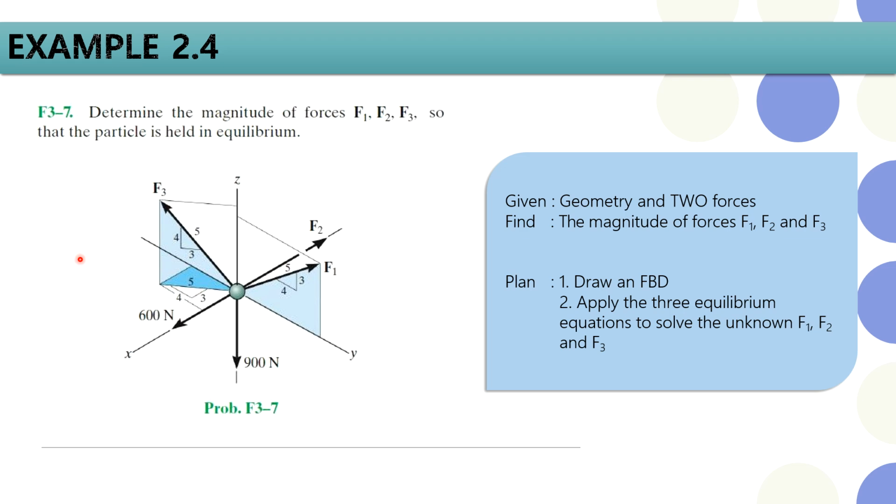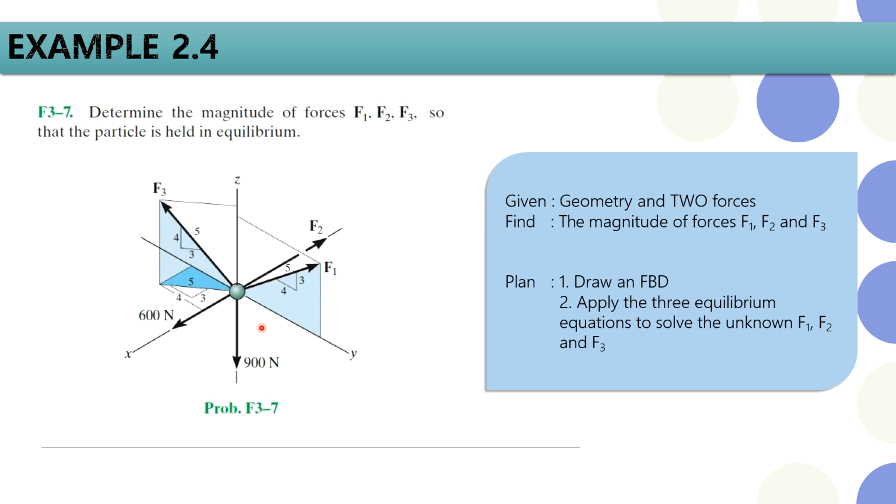So let's try a 3D problem in this example. We are given the geometry here of a particle with known forces of 600 Newton and 900 Newton acting on it. Their magnitudes are given in the geometry. And what are the unknowns?